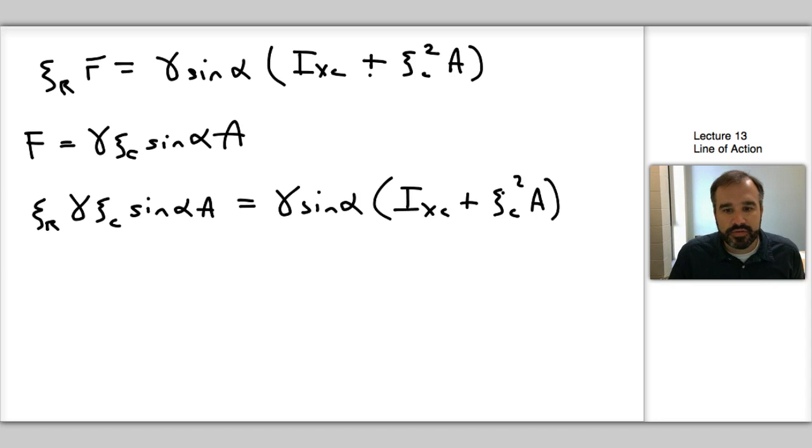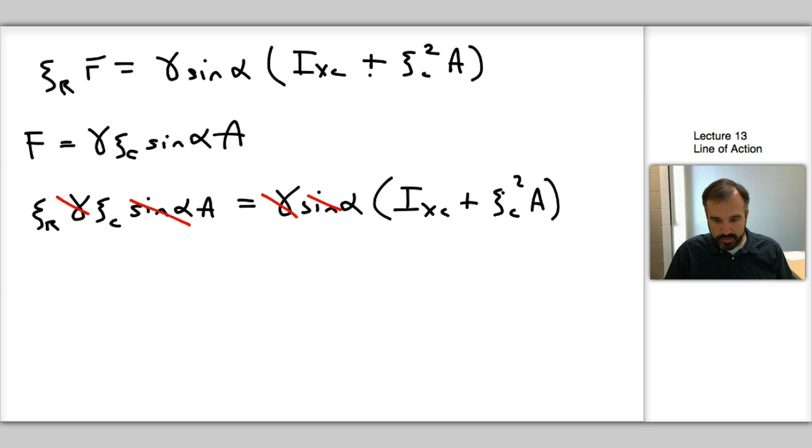What this tells us is that the orientation and the specific weight don't matter. The line of action is simply a function of the area and the geometry. You'll see that when I cross out the terms: sine alpha is on both sides, gamma is on both sides.